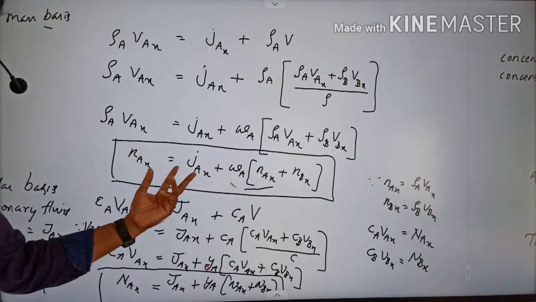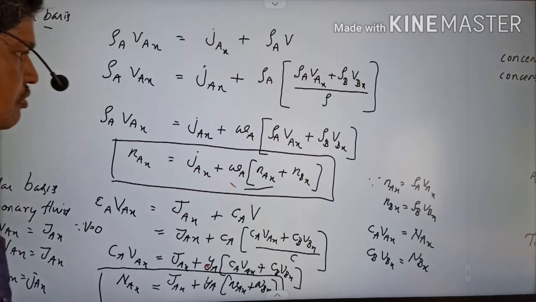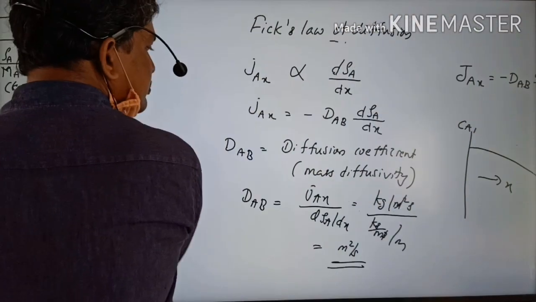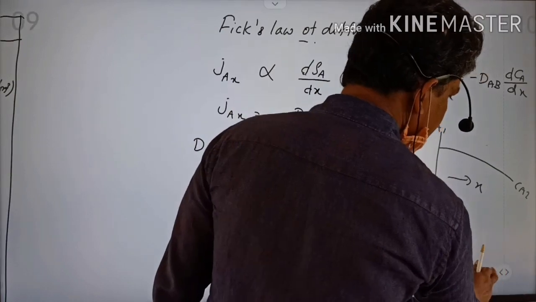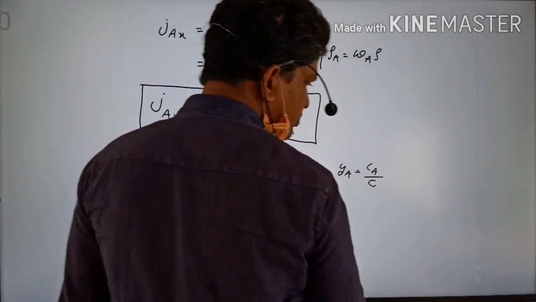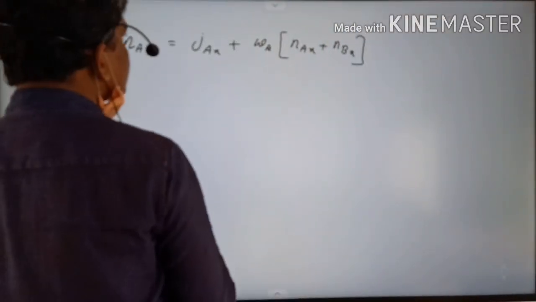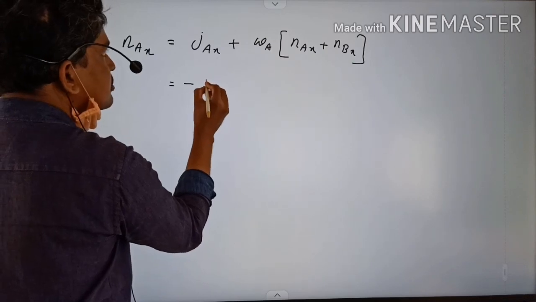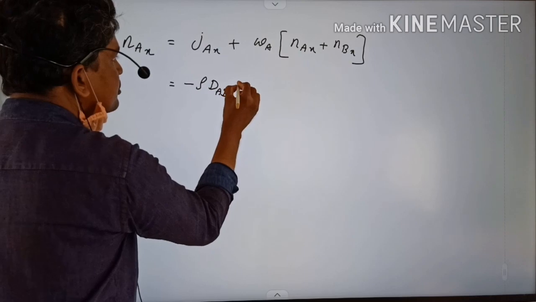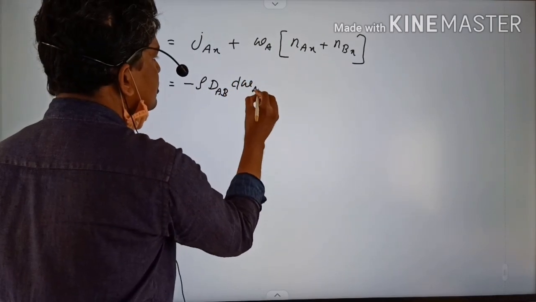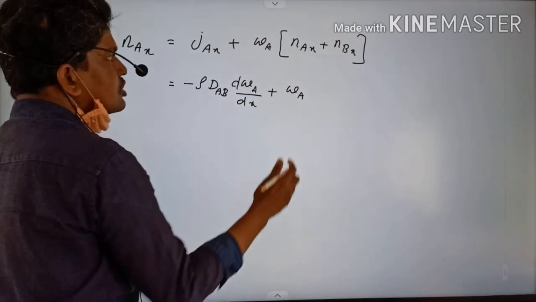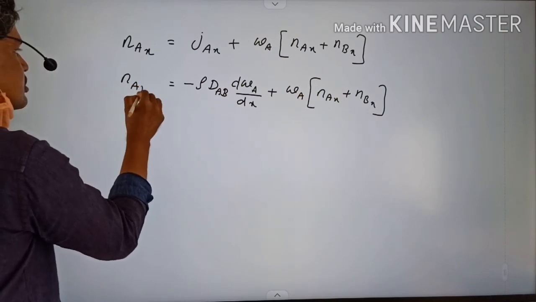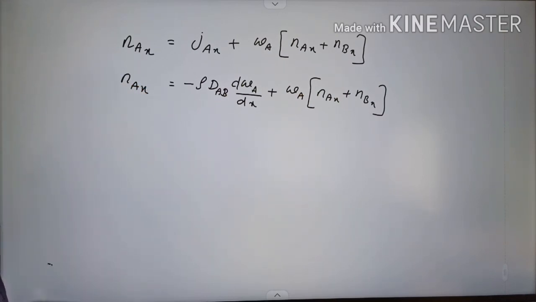You can put the value of Jx, the diffusion mass flux, in terms of Fick's law, that is Jx is equal to minus rho DAB into dWA by dx, plus WA into NAx plus NBx. This is Fick's law equation in another form.